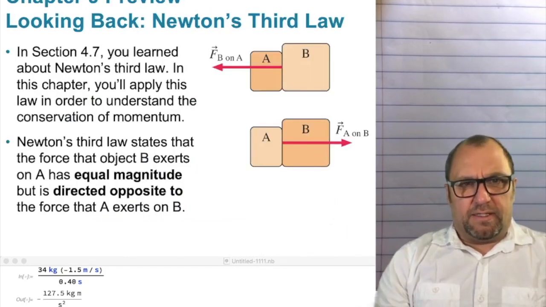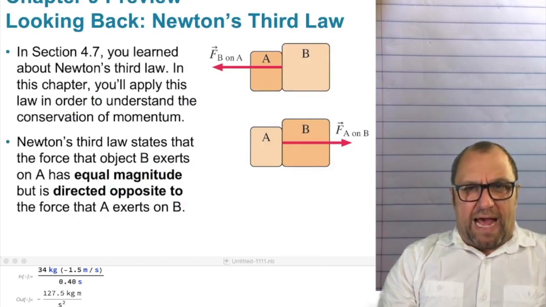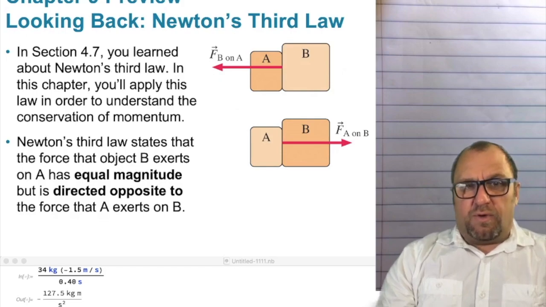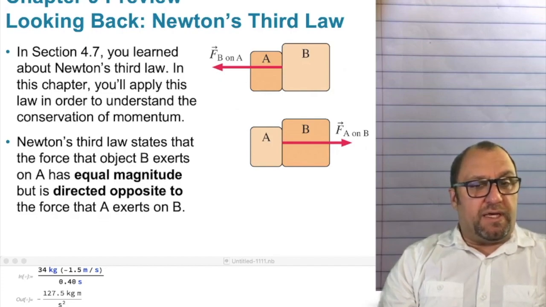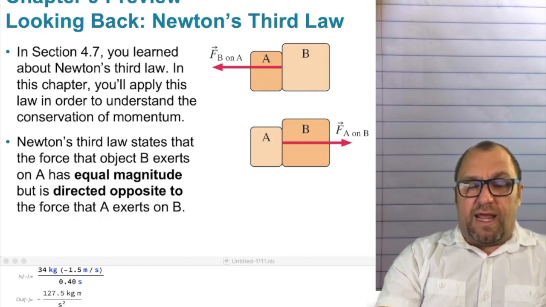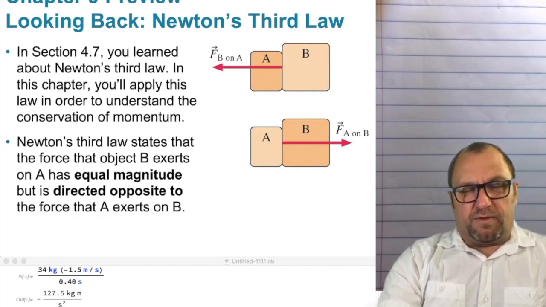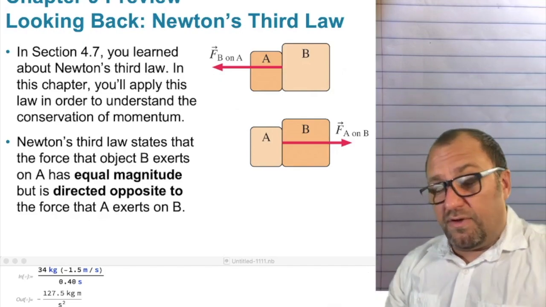All right, so we're going to take a look back at Newton's third law. We learned about it in Chapter 4. Newton's third law states that the force that object B exerts on A has equal magnitude but is directed opposite to the force that A exerts on B. So when any two things push against each other, they exert an equal and opposite force.